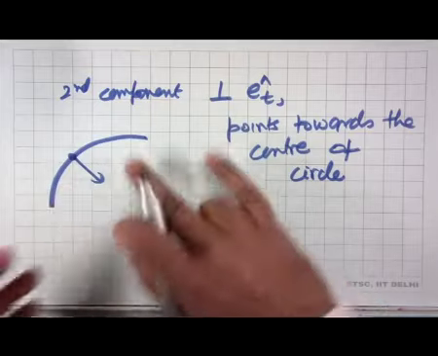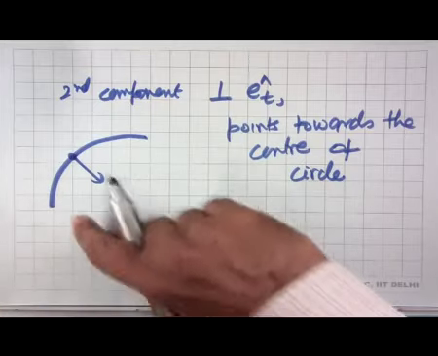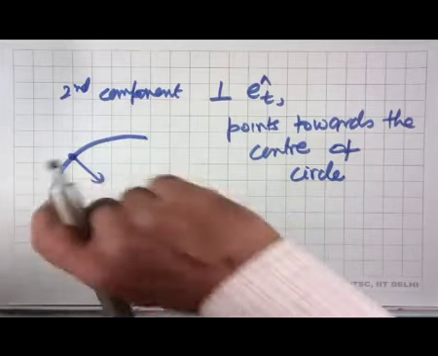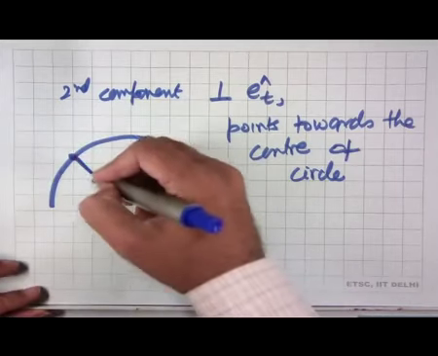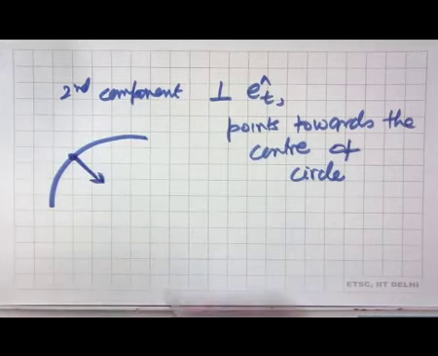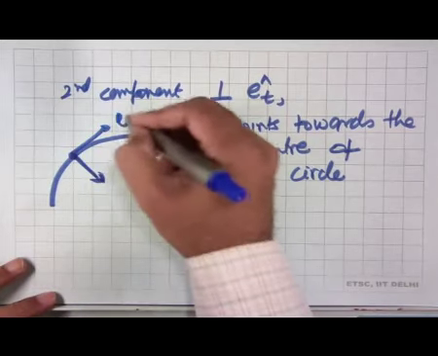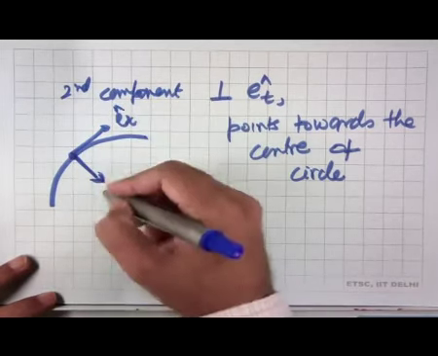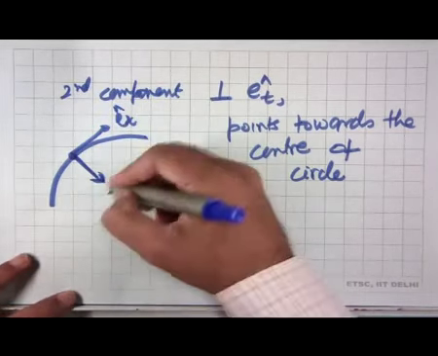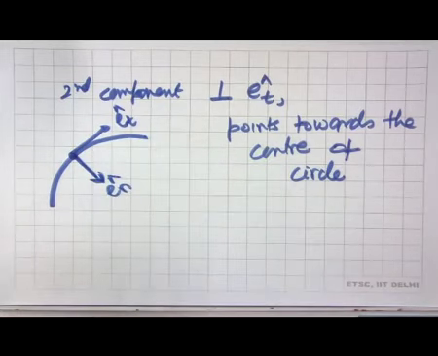The actual shape may not be a circle, but we can locally assume that it is a circular path, then this is pointing toward the center of that circular path, and this direction is perpendicular to the tangent. Sometimes it is called the normal direction, so we will call it E n.